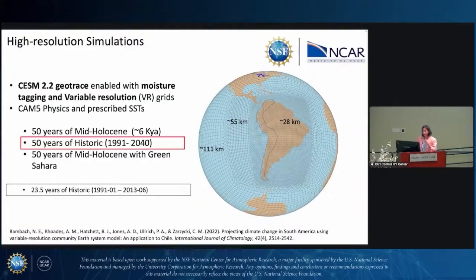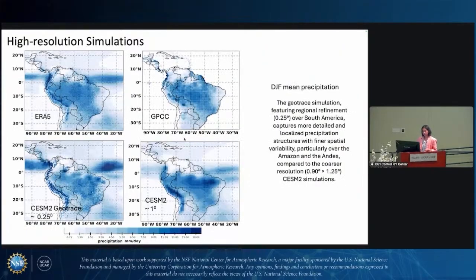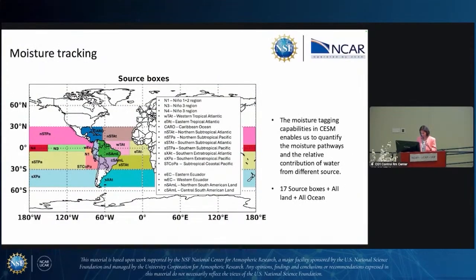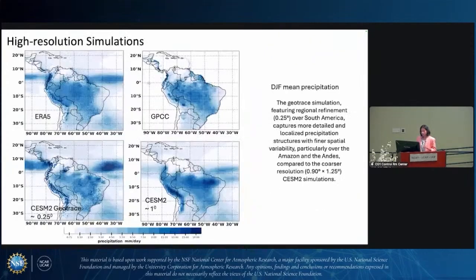By improving the horizontal resolution, we are able to capture some of the finer precipitation details or precipitation structures, which is very important for us. Especially, we are going to use this information to compare with proxy records, which come from a specific grid point where the proxies represent localized climate variability.